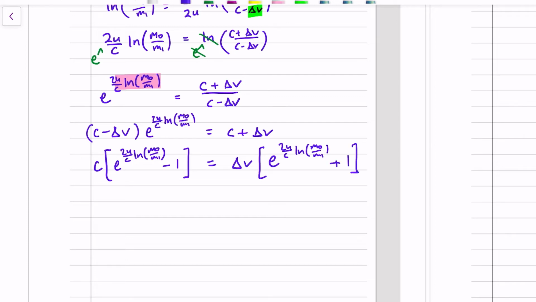Okay, and then lastly, to get the delta v on its own, divide both sides by that last bracket.